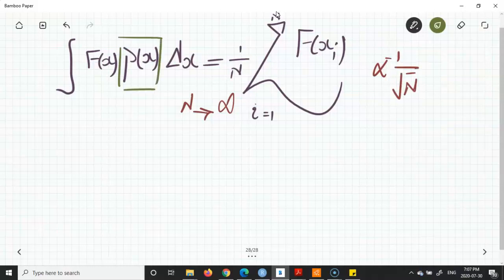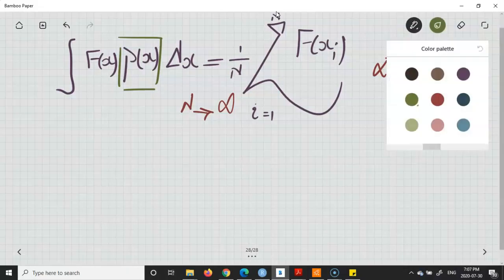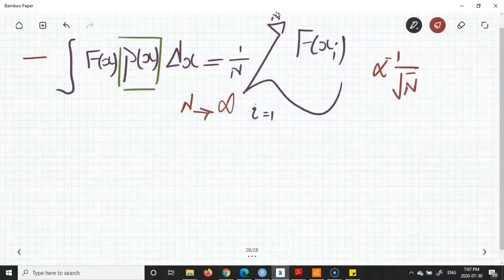Okay. However, the thing that we learned here is that sometimes we can have p of x substituted by an auxiliary distribution, which we call the proposal distribution, and we can write this estimation by this method.